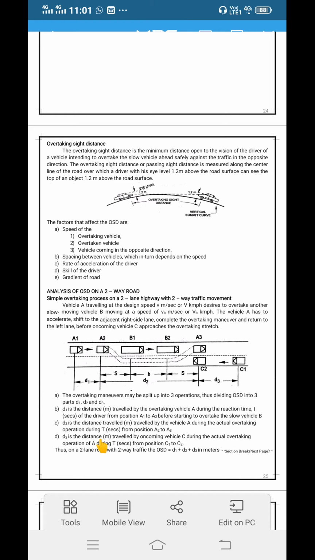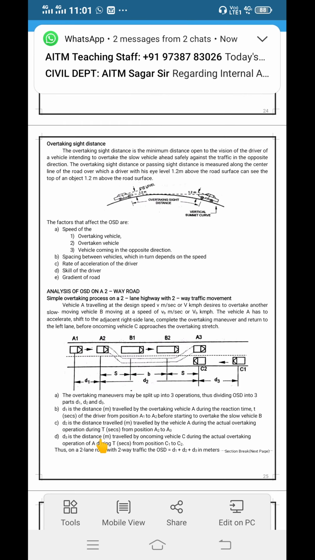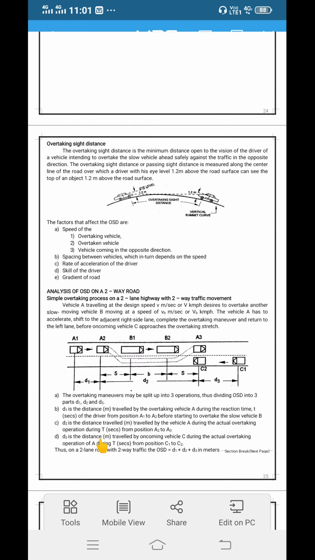The height of the driver's eye is 1.2 meters above the ground level. It is the distance visible to the driver, and how much is visible depends on the height of the eye. We consider a minimum of 1.2 meters above the ground level.